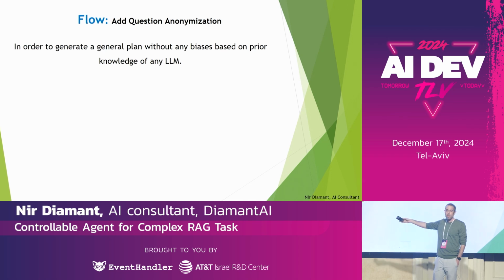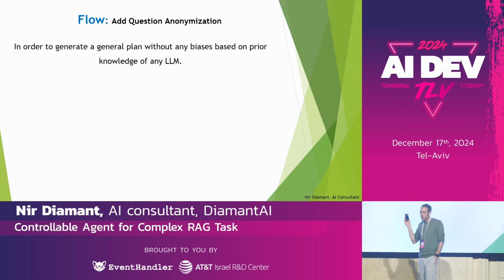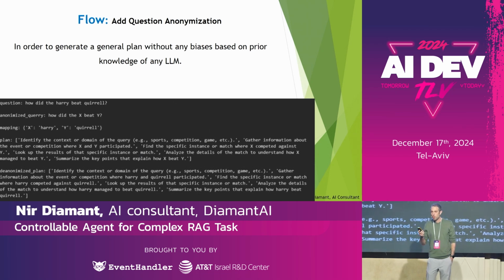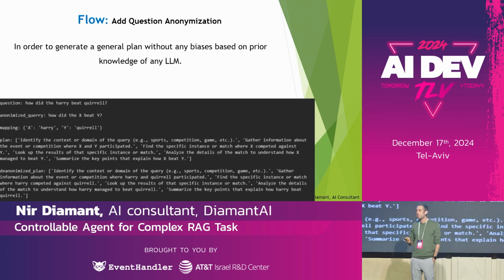We can ask it any question that we want and it will answer. But if we use an additional LLM that has other biases, we don't want them to be involved in the process of building the plan. So for this, we can replace every named entity with a variable.